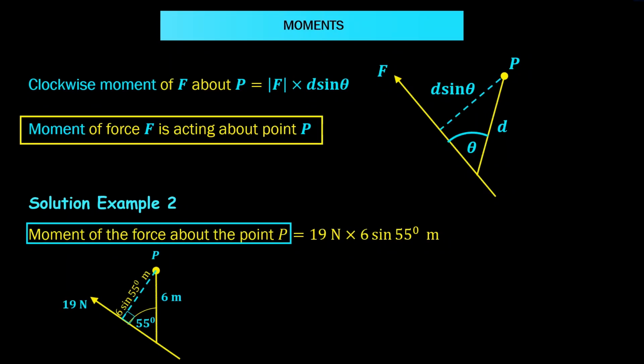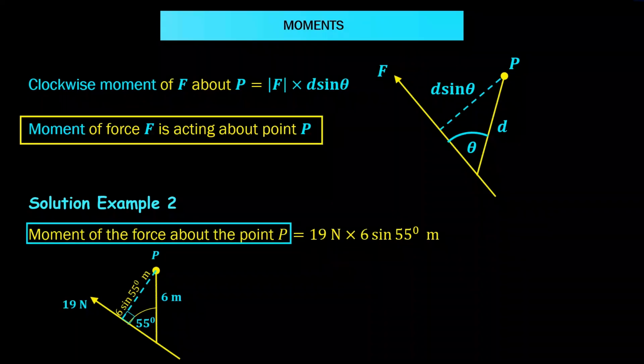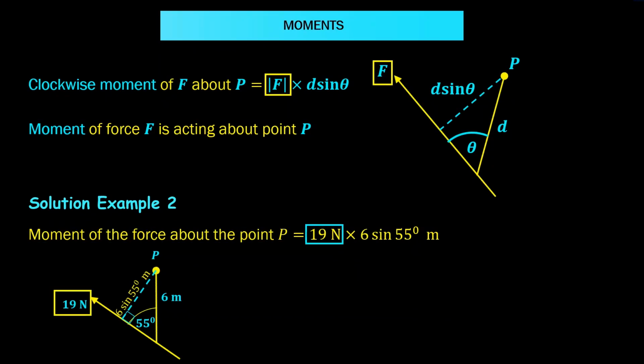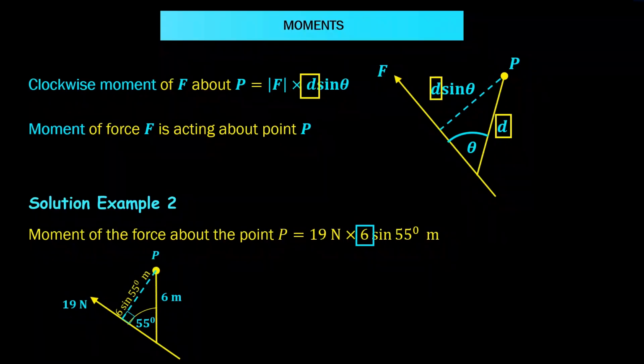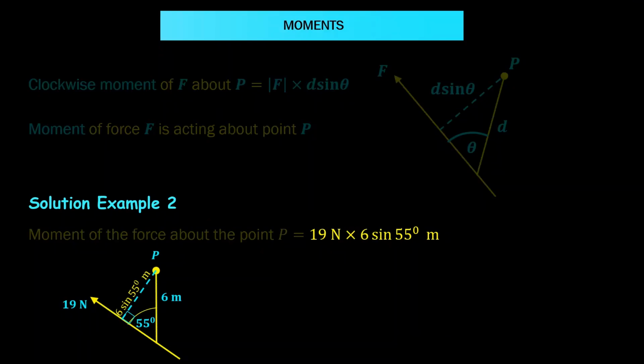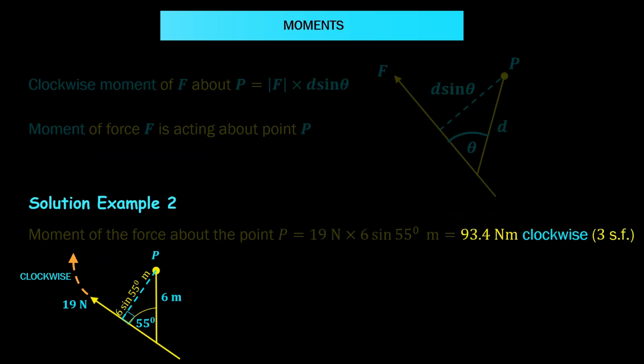Therefore, the moment of the force F about the point P equals 19 newtons times 6 sine 55 degrees, which equals 93.4 Newton meters. And this is measured clockwise as shown.